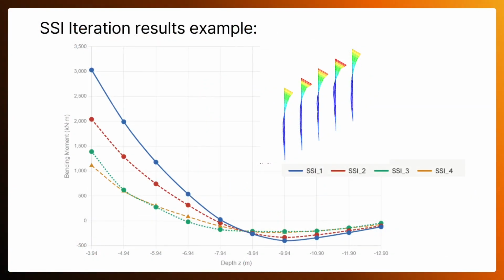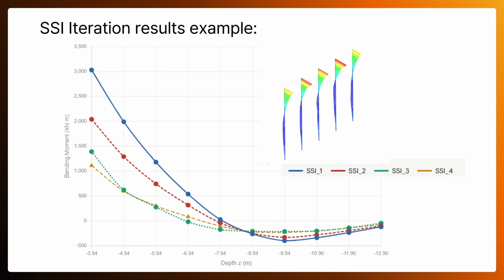So an example of the results from the SSI iteration test is shown here. You can see the 4 iterations as I had shown earlier. For each of the iterations, the Interact function has created a separate SSI file both in GTS NX and Civil NX.